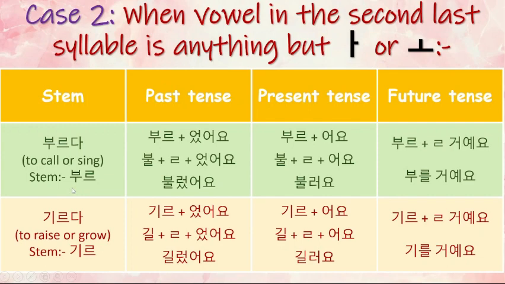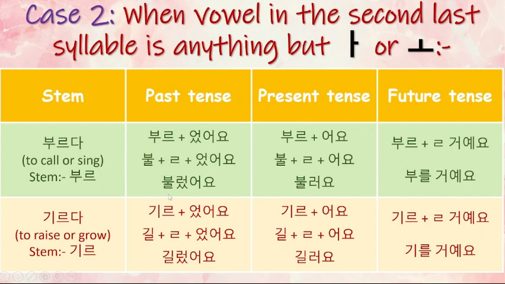Notice the vowel present in the second last syllable. It is neither a nor o. It is u. So, the ending will start with o. That is, in past tense you can notice the ending is osoyo. Okay. So, according to the rule of conjugation, this u will get eliminated and an additional l is going to get attached to the stem, right?